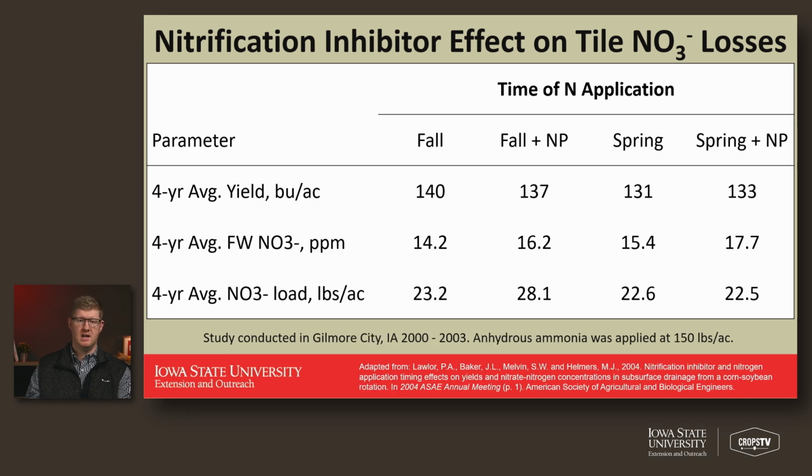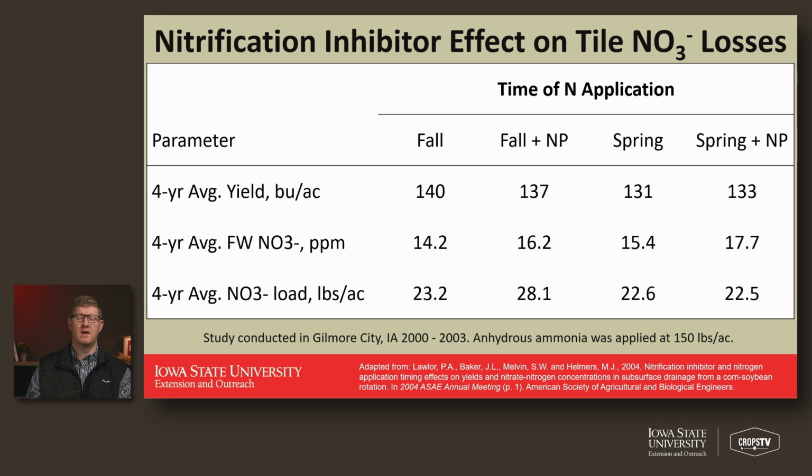So we'll look at another study here that measured the same things. This study was done in Gilmore City, Iowa, so northern Iowa. They had anhydrous at 150 pounds of nitrogen per acre, either fall or spring applied, and then with and without an inhibitor. Again, the top row, really not much difference in yield, no statistical difference in yield.